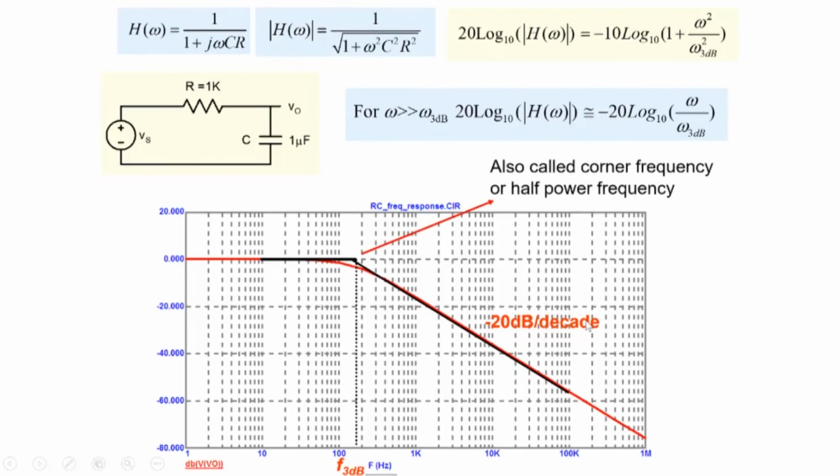All right, so the 3 dB frequency is also called a corner frequency. Corner, because of the simplified plot that we have drawn, there's a transition, a corner here. So 3 dB frequencies are also called corner frequencies, also called half power frequencies.